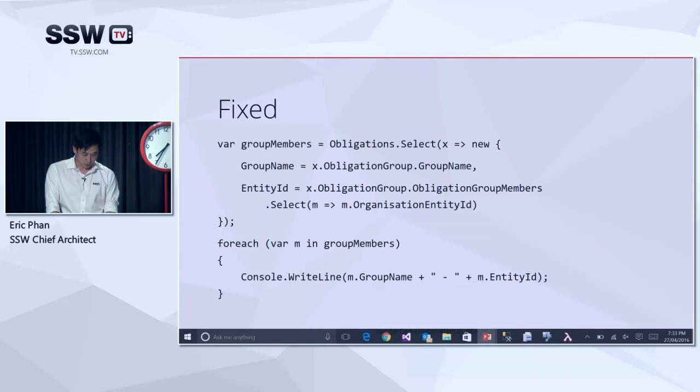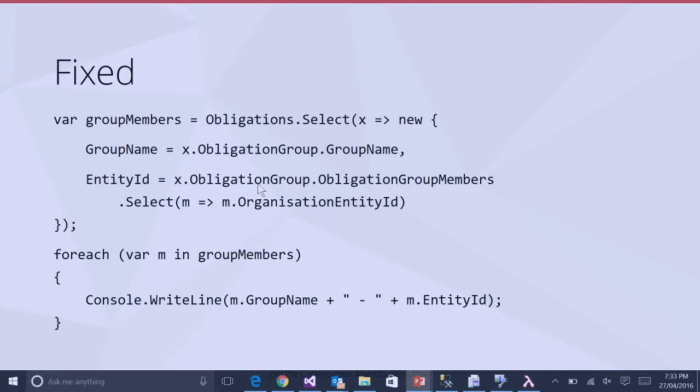So the proper way to write it is to do something like this, where we physically tell it that all I want are these two columns, group name and entity ID, and I want you to create this new object that has that. And this is how you get group name, this is how you get the entity ID. And then I want to loop through that and print out the thing I had before.